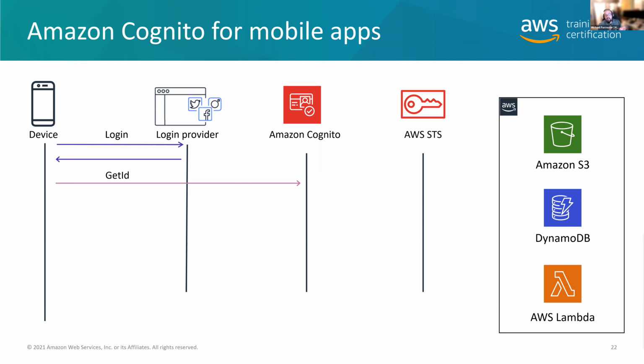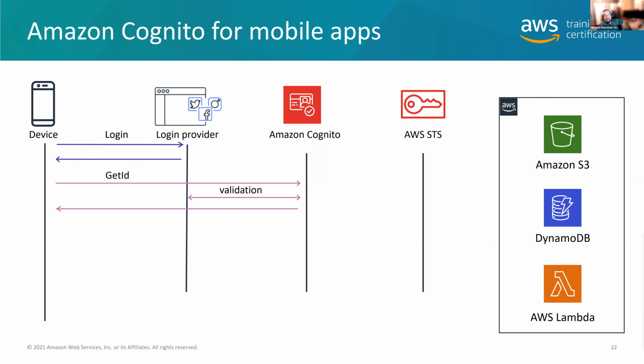What's going to happen is it's going to generate a Cognito ID, right? That's going to get validated against the login provider, because when it goes to get an ID, it submits the information it got from Twitch in this example. So Cognito is going to take the information that the user supplied from Twitch, and it's going to go talk to Twitch and say, hey, is this person who they say they are, right?